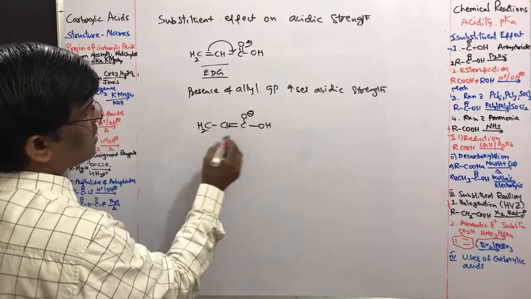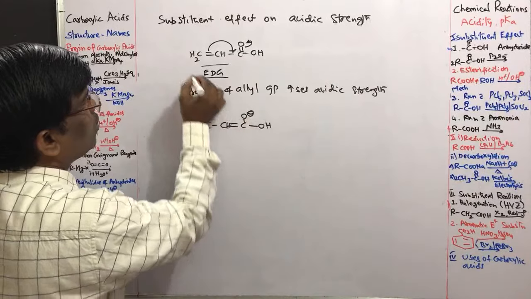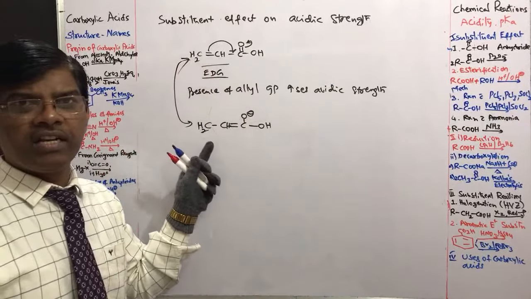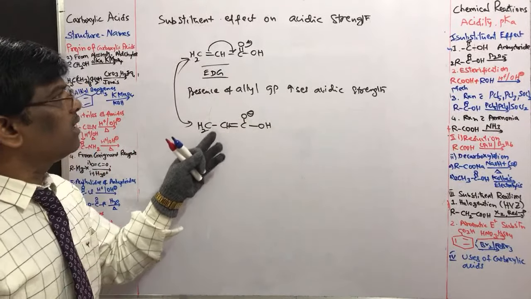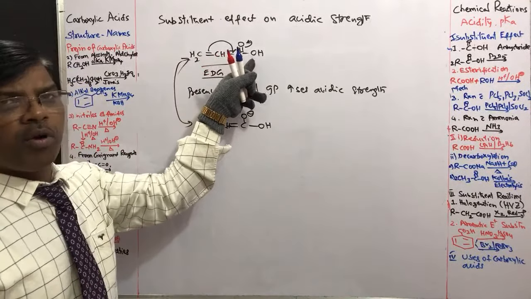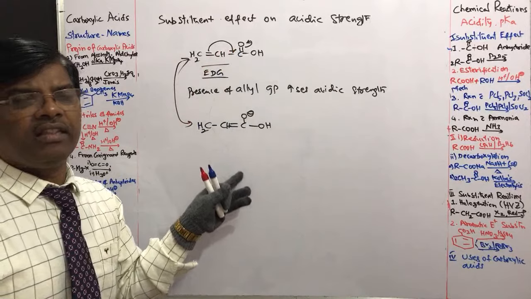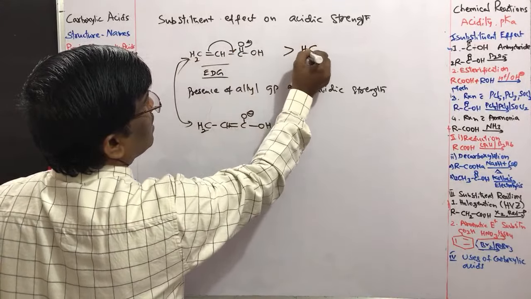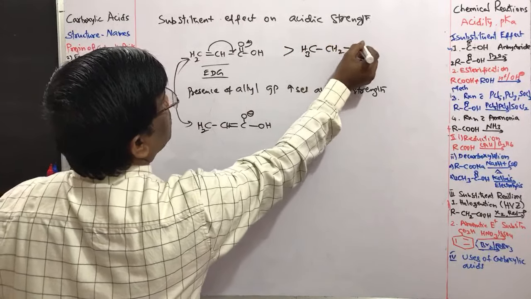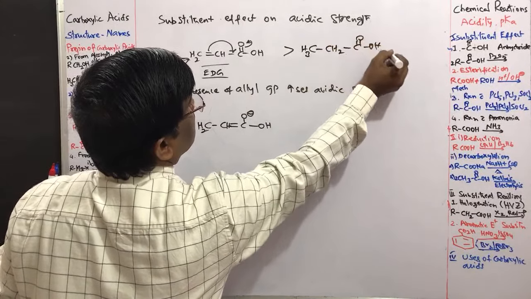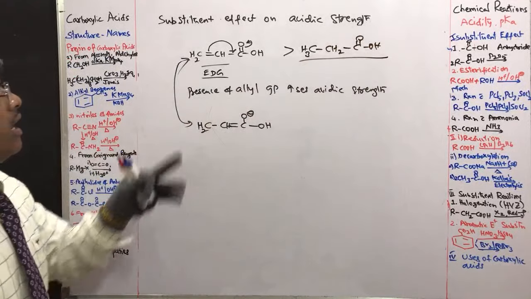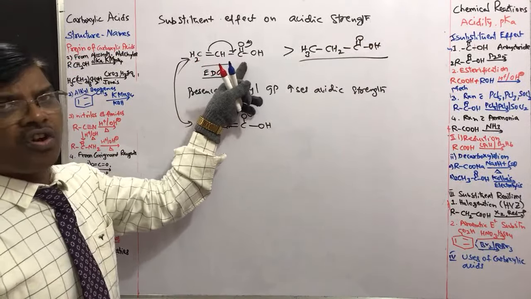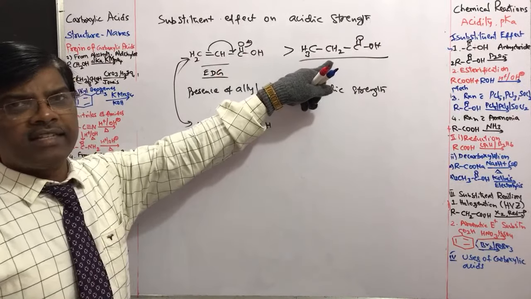Because of this resonance stabilization, allyl group containing carboxylic acids are stronger than, suppose here it is strong acid, then CH3 CH2 COOH, propionic acid. Yes, this vinyl acetic acid is stronger than propionic acid.